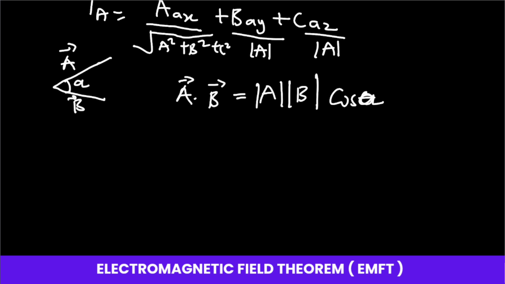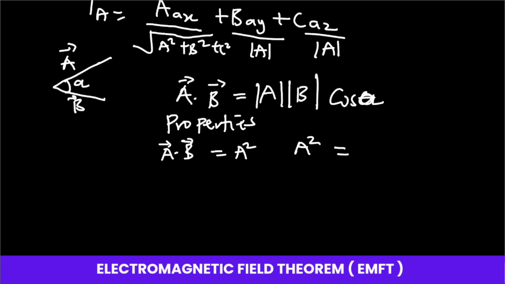Now, let's also consider the properties of the dot product. One property of the dot product is that anytime we have a vector A dotting the same vector A, it is equal to A squared, which is the magnitude squared.